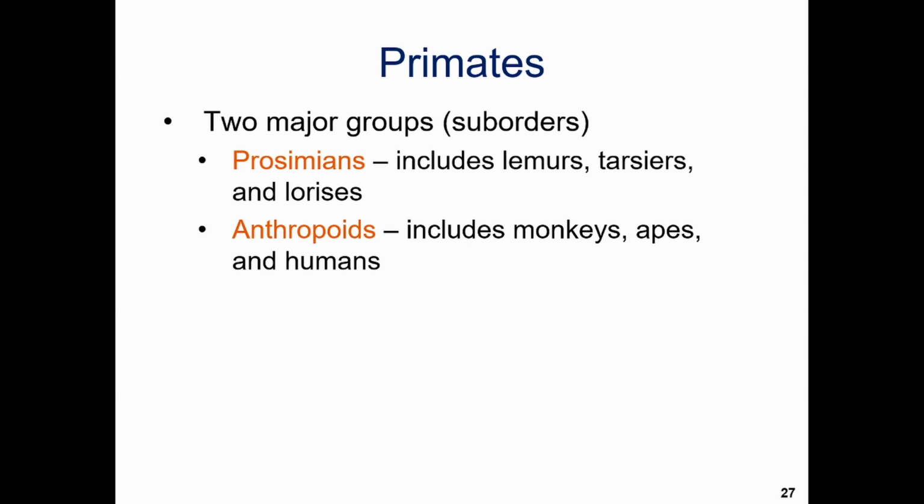And there's two major groups called suborders of primates, the prosimians and the anthropoids. The prosimians are the more ancient of these and includes the lemurs, tarsiers, and lorises. We fall in with the anthropoids, which includes monkeys, apes, and humans.